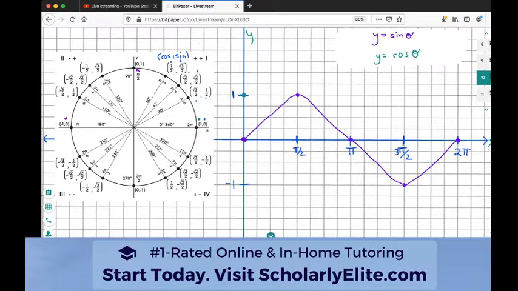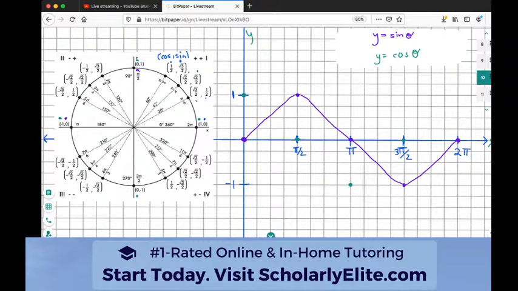If my theta is pi by 2, my cos is actually 0. And let's go ahead and take a look at pi. So at pi, my cos is -1. And at 3 pi by 2, my cos is 0 again.